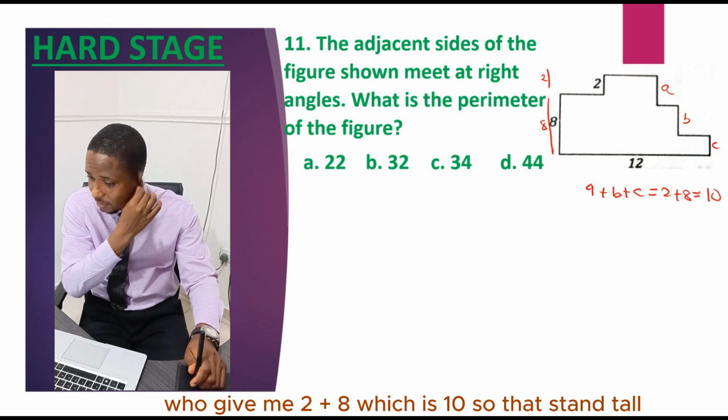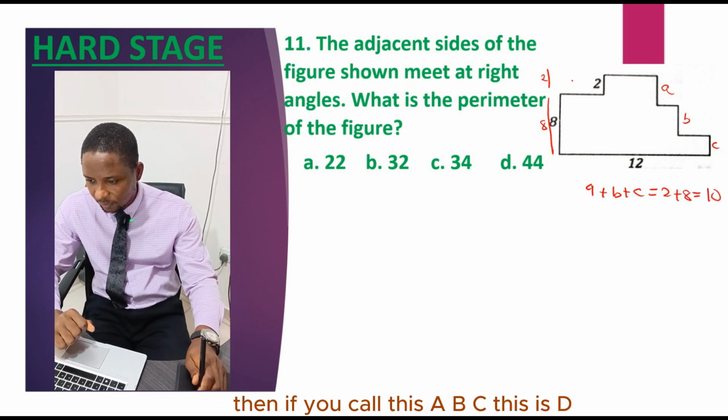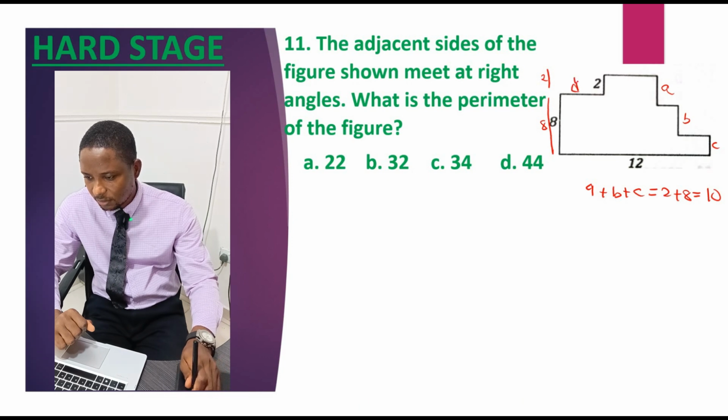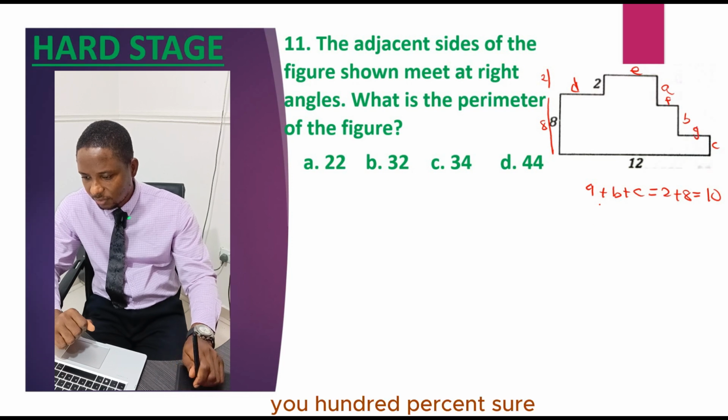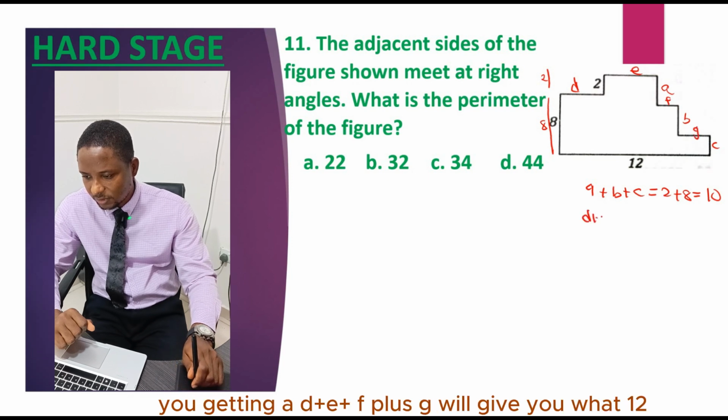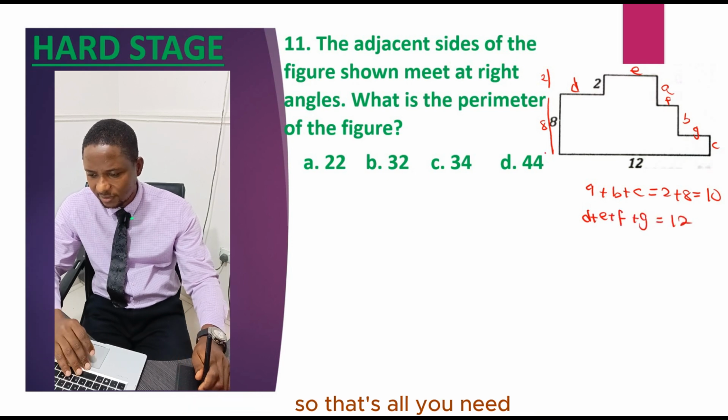So that stands tall. Then if you call this D, you call this E, you call this F, you call this G, you are 100% sure again that D plus E plus F plus G will give you what? 12. And that's all you need.